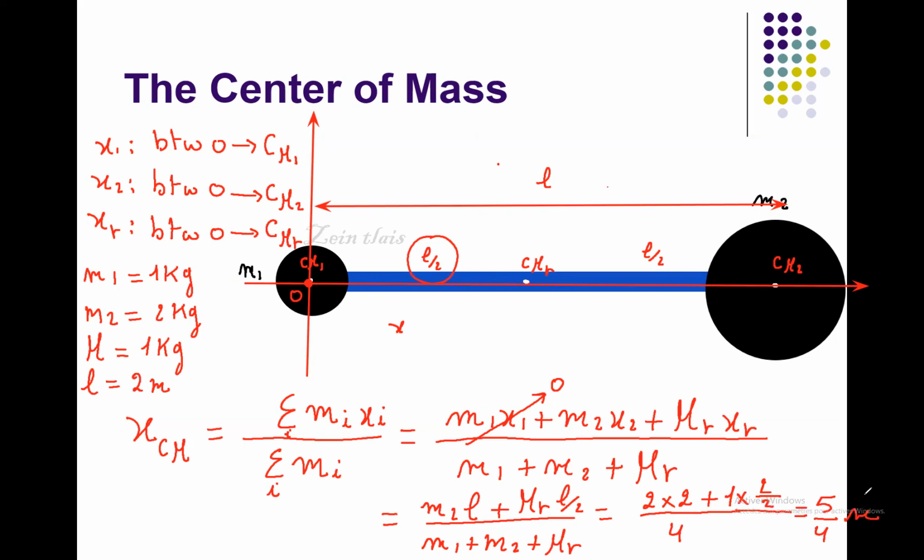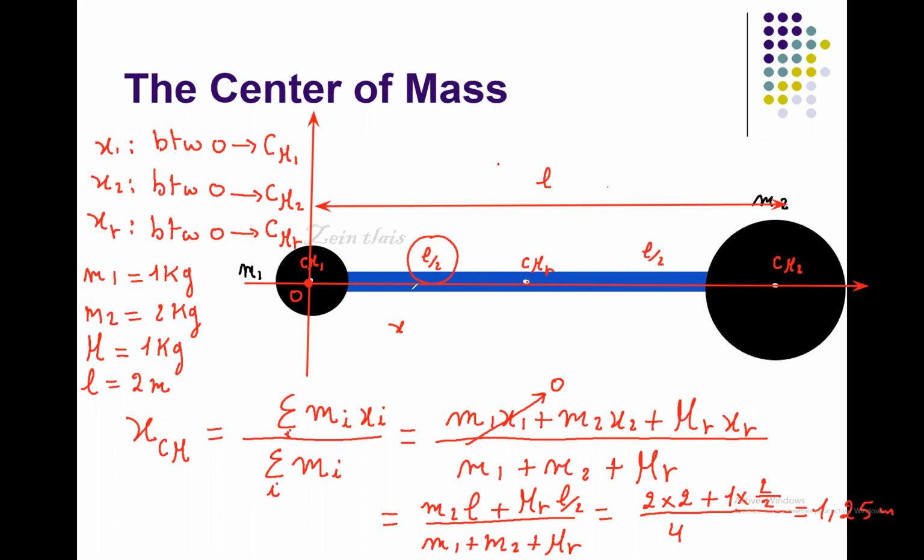Okay, I think it's about 1.25 m. We come here, we have O, and the distance between this point and this point equals L over 2, which equals 1.